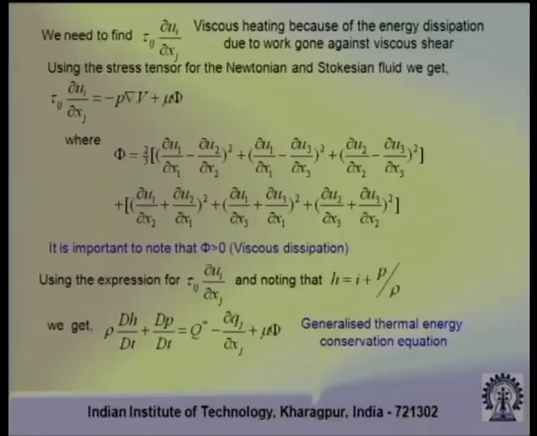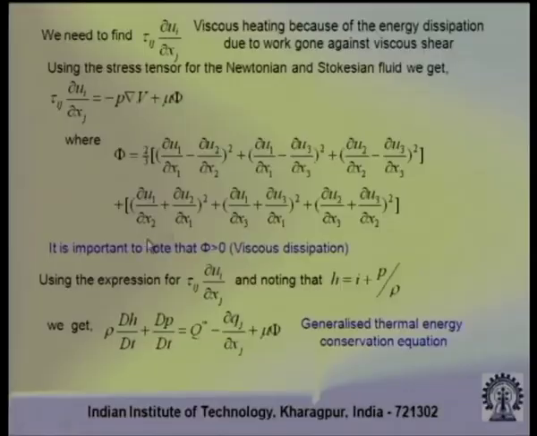So, it shows that because of viscous effect there is always an irreversibility in the system which always gives rise to heat generation, it does not give rise to cooling, it will always give rise to heating. So, it is important to note that this viscous dissipation term is always positive. We are proceeding step by step. So, we have expressed the heating terms in terms of the velocity and their gradients.